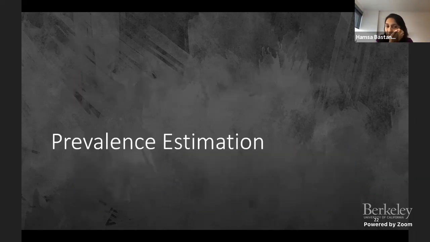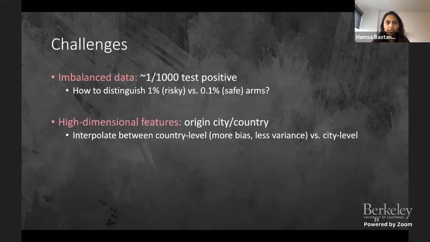Okay, I wanted to mention two more challenges in this context, which is estimating the prevalence for each arm. So one really big problem with COVID in general is that the data is extremely imbalanced. So in most countries or locations, only 1 in 1,000 passengers is going to test positive. So this is a 0.1% rate.